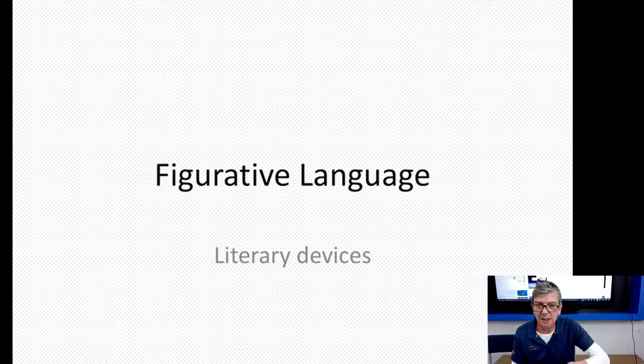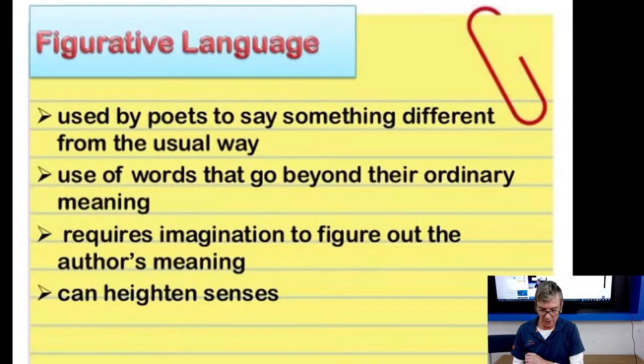Okay then, so today's lesson is all about figurative language, which we kind of touched upon in the last unit about speeches, and it's also connected with what we have done before as well. So, what is figurative language? Here we see it used by poets to say something different from the usual way. Yeah, well, that's true.